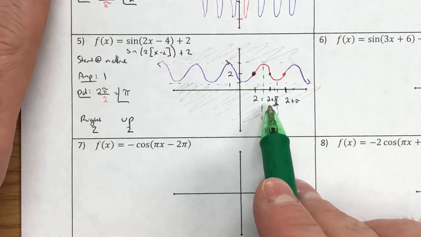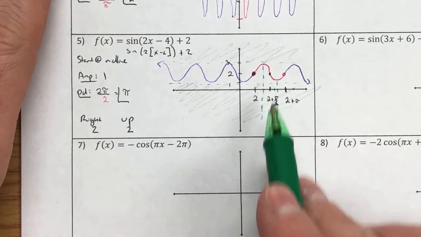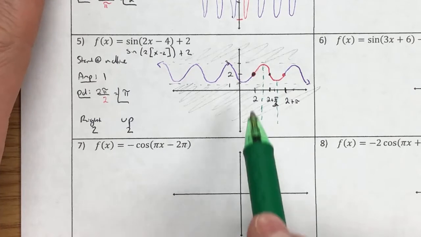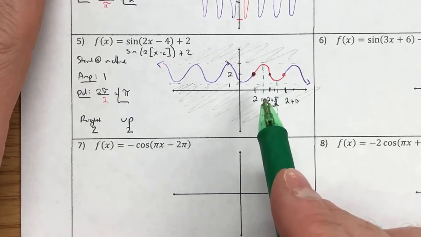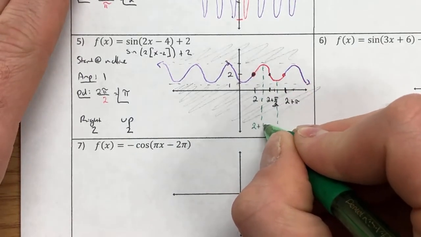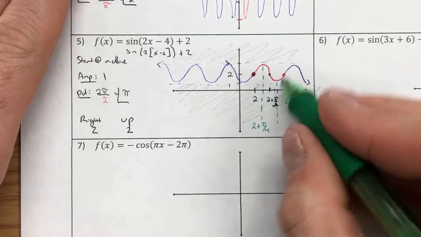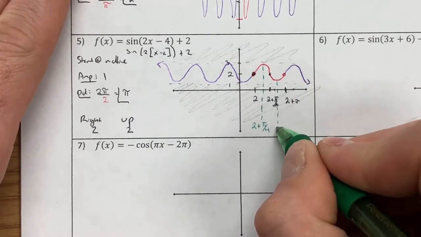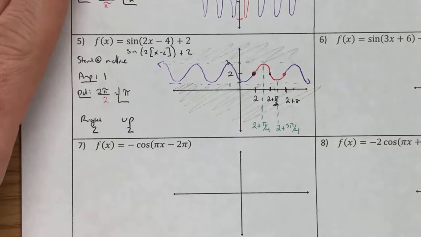So if 2 plus pi over 2 is going to get me that intercept point, which was an intercept previously, I need to cut that in half again. So not pi over 2, but pi over 4. So 2 plus pi over 4. And if that's 1, 2, this will be 3 pi over 4. So this will be 2 plus 3 pi over 4.